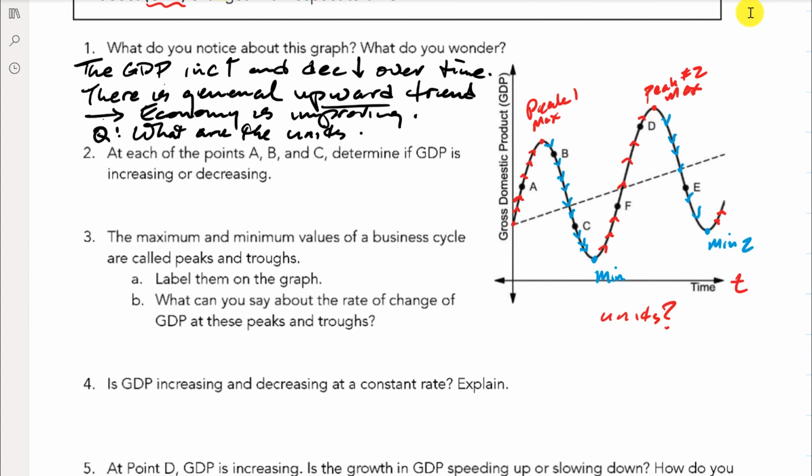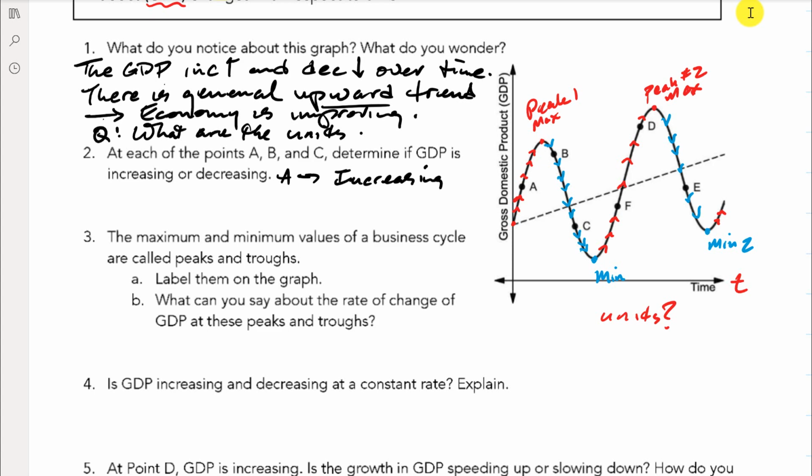And number 2, it says at each of the points A, B, and C determine if the GDP is increasing or decreasing. Okay, so let's talk about that. At A, you notice that it's in the interval where the function's increasing. So A is increasing at that point.